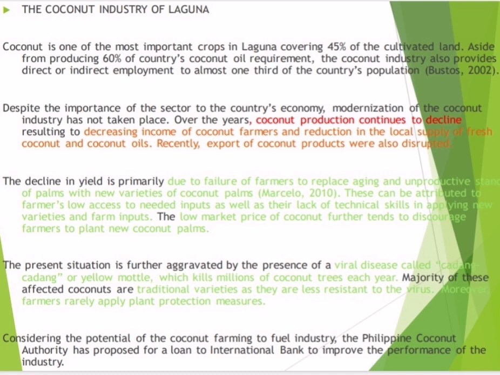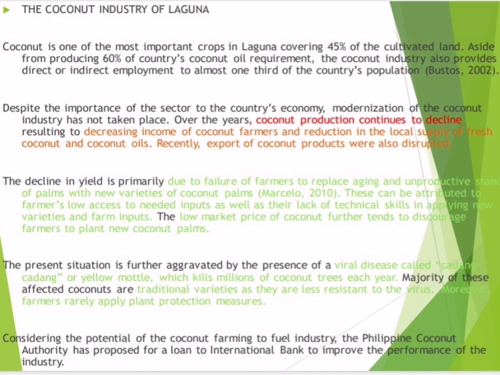The low market price of coconut further tends to discourage farmers from planting new coconut palms. So, as you can see in the third paragraph, you can see the reasons or causes why what is in the second paragraph happens. As you can see, due to the failure of farmers. So that is the reason.